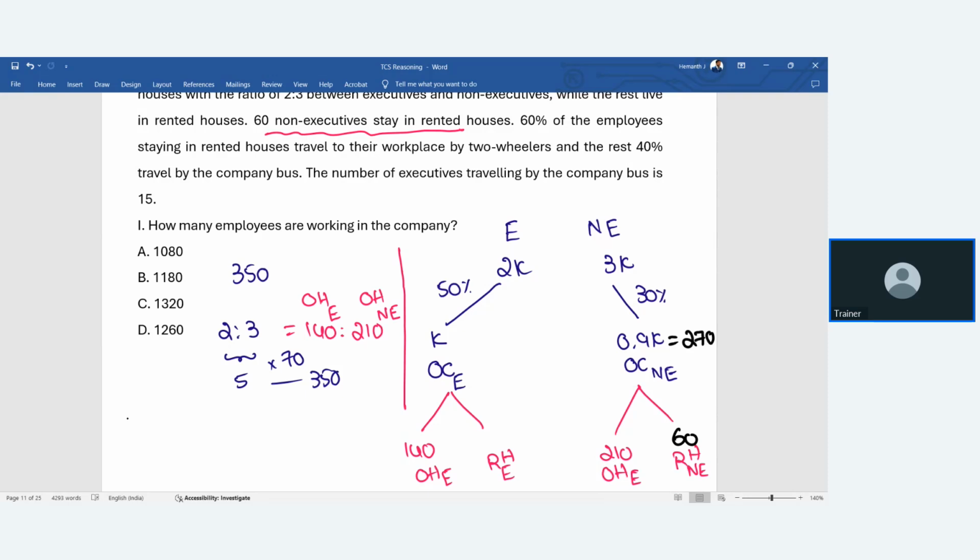So K will be equal to 300. When K is 300, I can say 600 are here, 900 are here. If they ask what is the total employees at the company, 600 plus 900. So here I got 300 people.